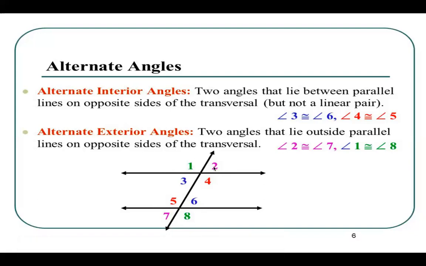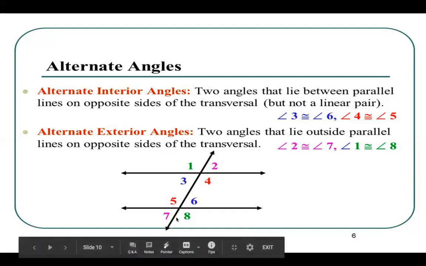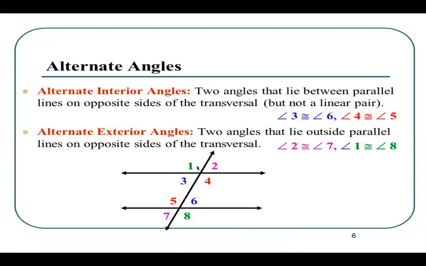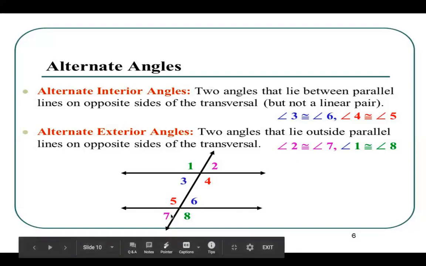And you cannot count these two because they form a linear pair, which is on the same line. So outside of the parallel lines on opposite side of the transversal. So either this one and this one, and angle 2 and angle 7. These two pairs are alternate exterior angles.